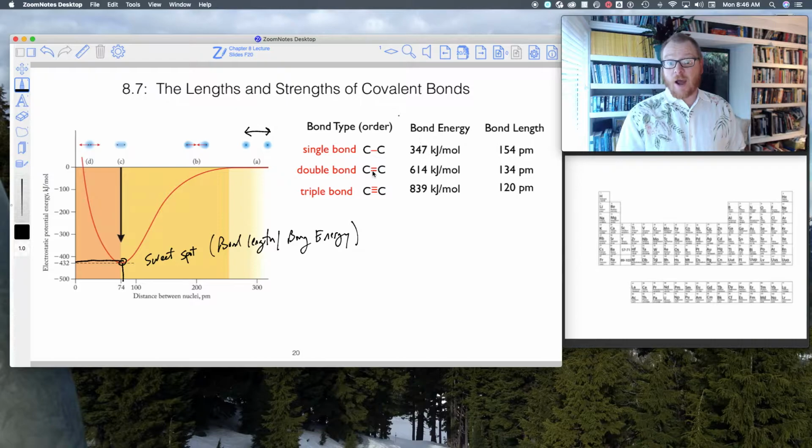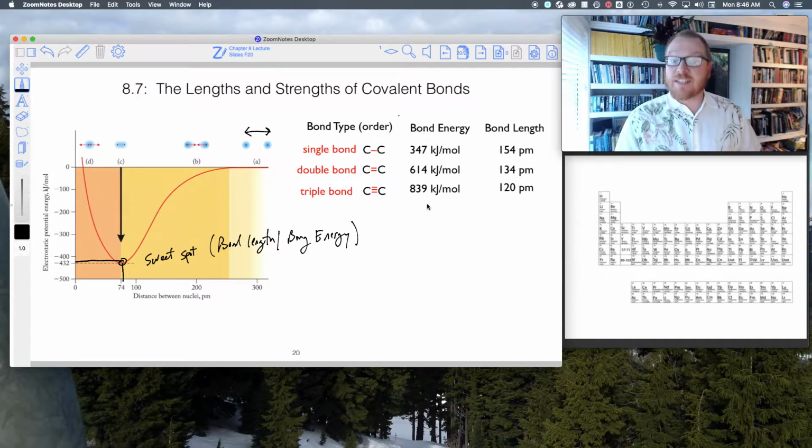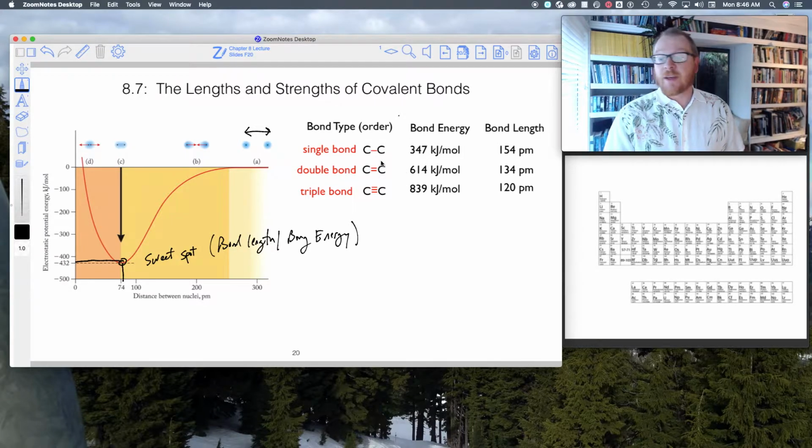Now here are some realistic bonds with their energies and lengths: a carbon-carbon single bond, carbon-carbon double bond, and a carbon-carbon triple bond. You can see the energy goes up, which is not all that surprising. A double bond should be stronger than a single bond, and a triple bond should be stronger than a double bond, and we see that with the bond energy.